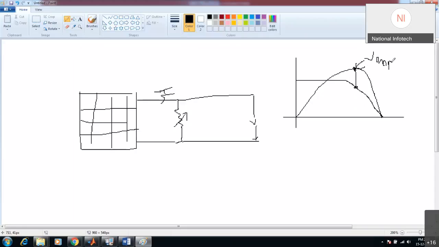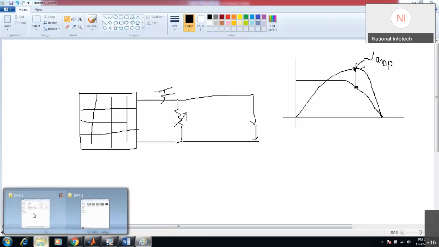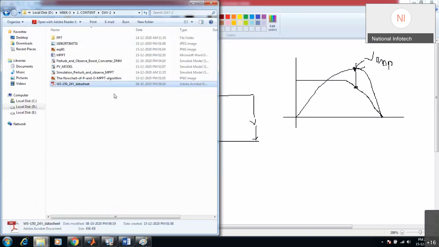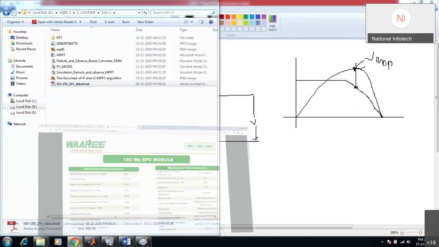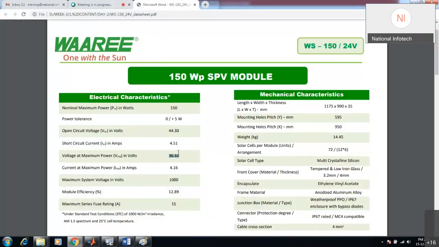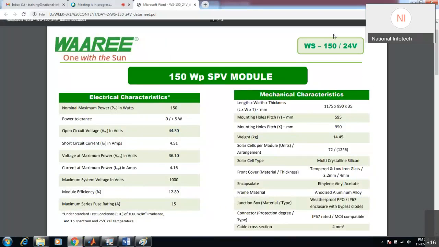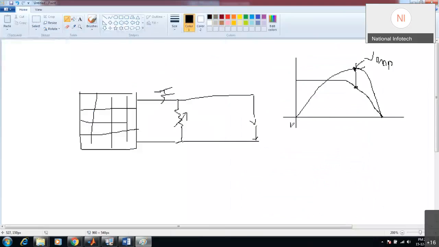What is being given in this data sheet is this VMP, which is less than this VOC. In this graph it is 0, and this is VOC, and this point right here is your VMP. And the current you see is your IMP current.